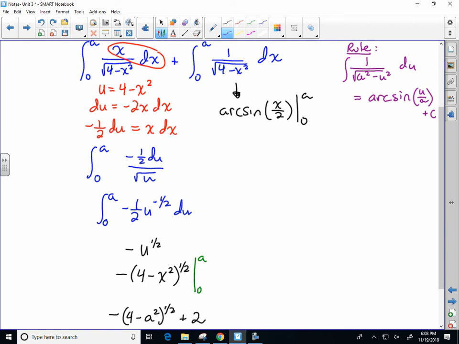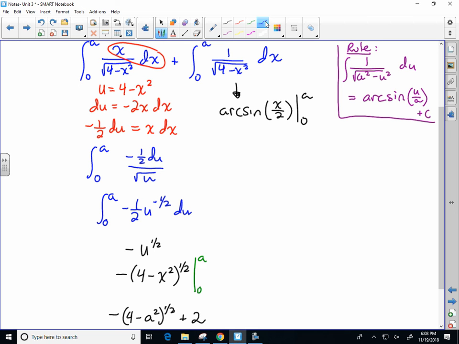Plus c went off the grid. Dang it. Alright. There's more. There's one for arc tangent and one for arc secant, so definitely worth your time because it saves you from having to do a trig substitution.